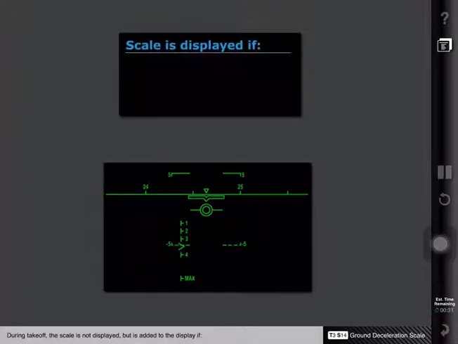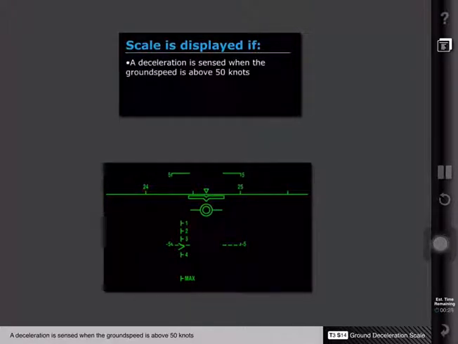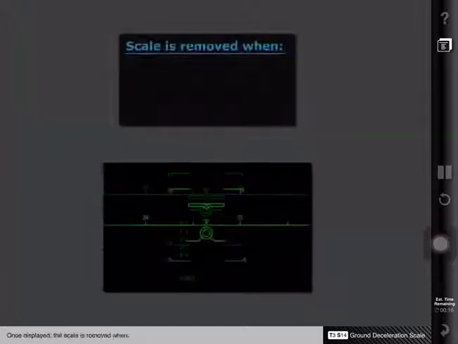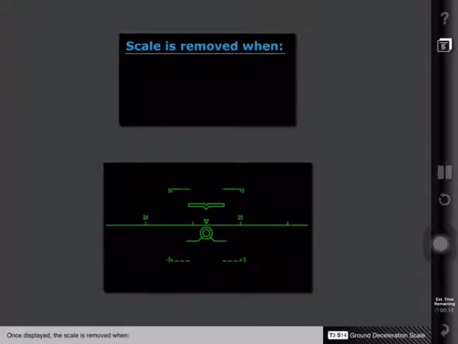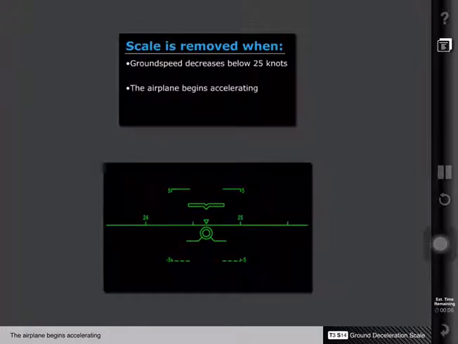During takeoff, the scale is not displayed, but is added to the display if a deceleration is sensed when the ground speed is above 50 knots and the airplane is still on the ground. Once displayed, the scale is removed when ground speed decreases below 25 knots, the airplane begins accelerating, or the airplane lifts off.